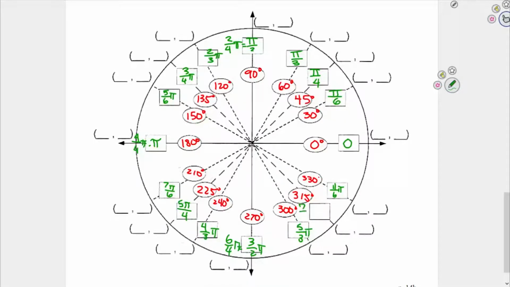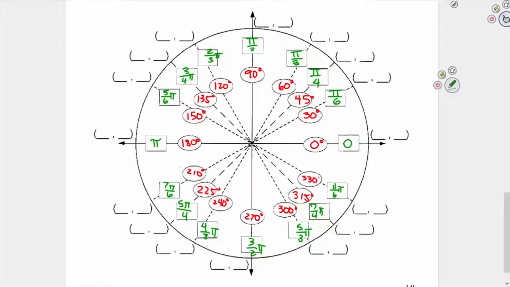And I have 7/4 pi, which can't be simplified. I can go ahead and erase these stepping stones. You're basically counting 30 and 45 all the way around, or pi sixth and pi fourth all the way around. So I've done the degrees and I've done the radians.